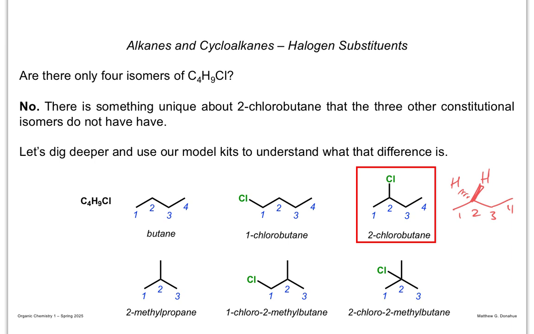But in reality, there's two hydrogens. So that means that chlorine can be substituted there or there. And you end up with two things. And technically, they're not the same thing. But they have the name 2-chlorobutane. So you can't have two different things with the same name. So there has to be some other way of describing what's happening.